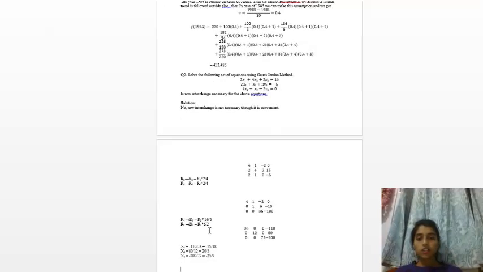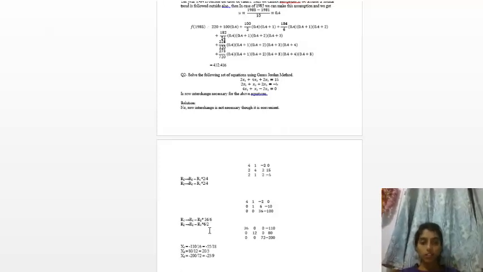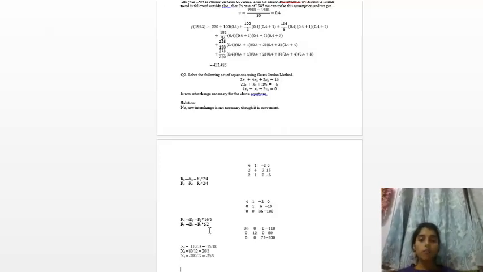So, the solution of these equations using the Gauss-Jordan method. Firstly, we write all the coefficients of x1, x2 and x3 in the form of a matrix. So, here is the matrix. Now, we perform some row operations on it to make the terms of the matrix 0 except the diagonal terms. First, we have to make the terms in R2 and R3 zero.